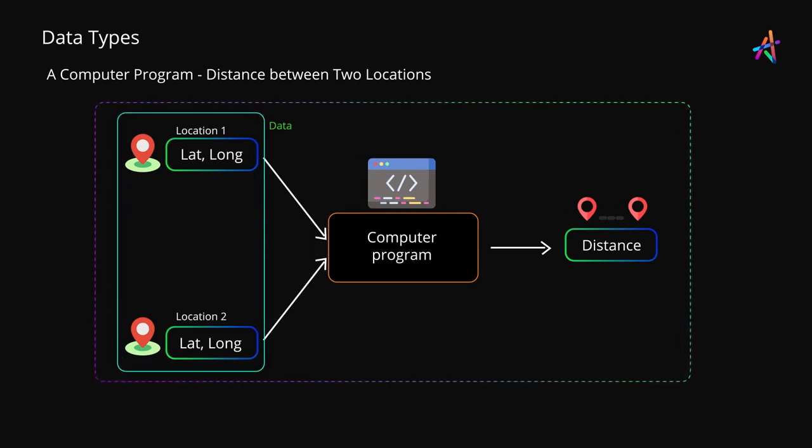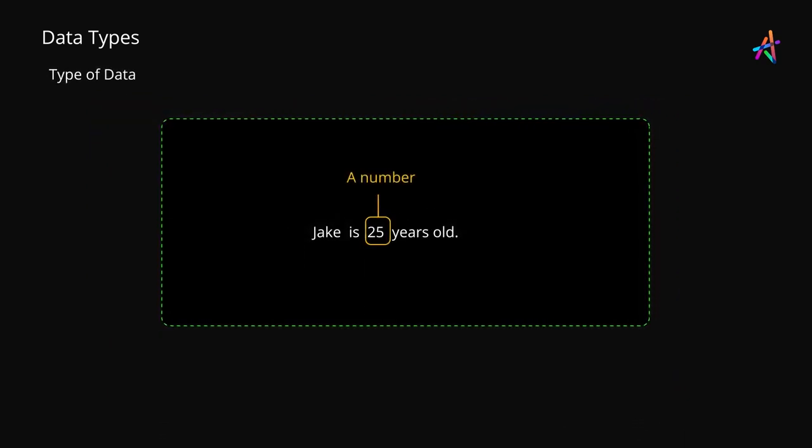Now, to ensure our program correctly processes data, the programming language needs to know the type of data it is expecting. For example, a person's age is a number, whereas a person's name is, well, not a number, but a series of English language characters.